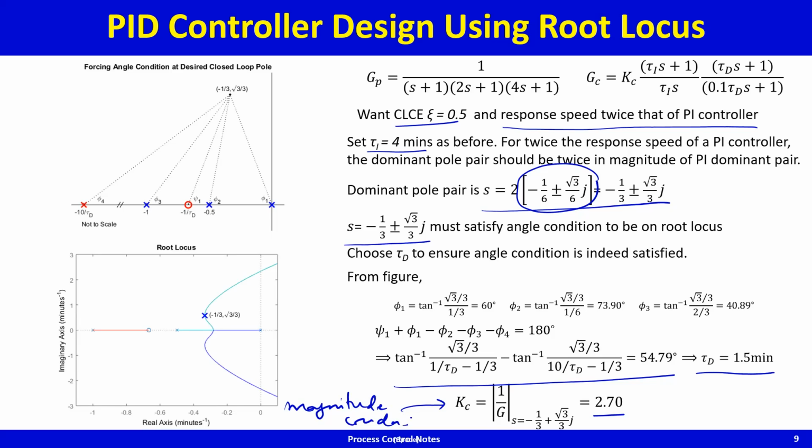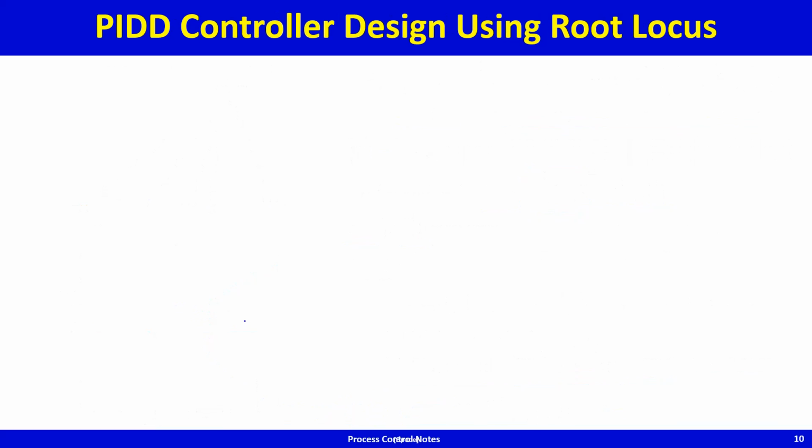If you look at the root locus, you can see that the point minus 1 by 3 plus square root 3 by 3j lies on the root locus. That is because we chose tau d to force the locus to pass through this point. Okay, we are greedy people, so we say, well, this is not good enough. I want the response to be twice as fast as the P controller response.